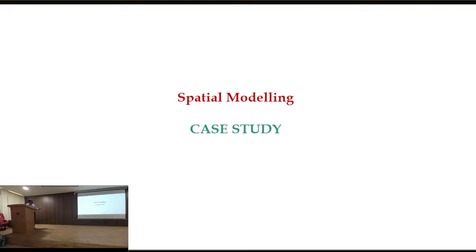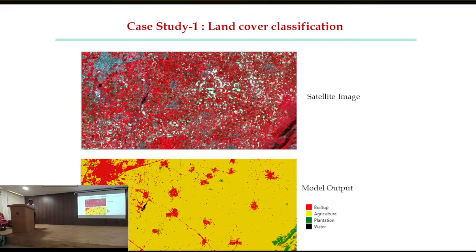There are five case studies. Case study 1 is land use land cover classification. This is a generic image where I have classified built up, agriculture and water.